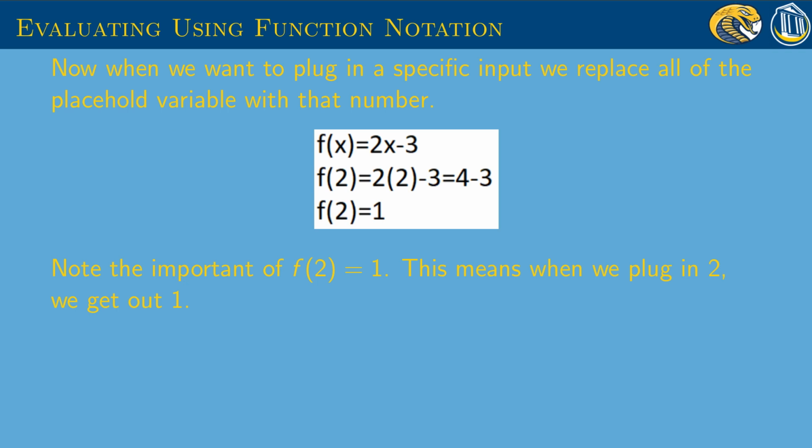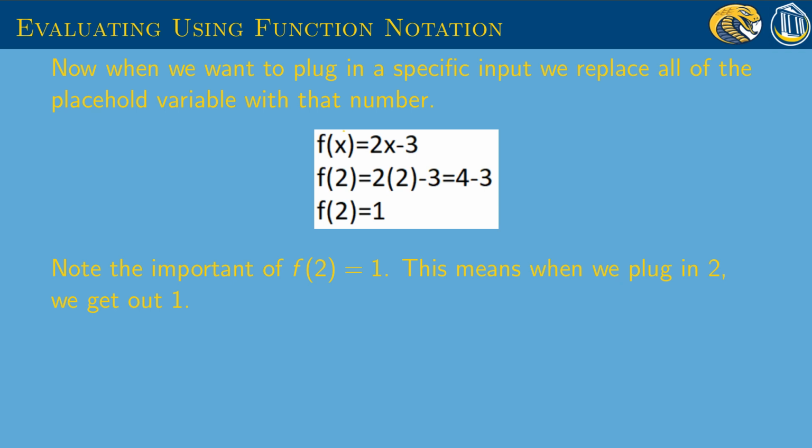Now, when we want to plug in a specific input, we replace our placeholder variable with that number. So remember, we said our placeholder is usually this x right here, and it also occurs in the algebraic expression. f of our input x is 2 times x plus 3.